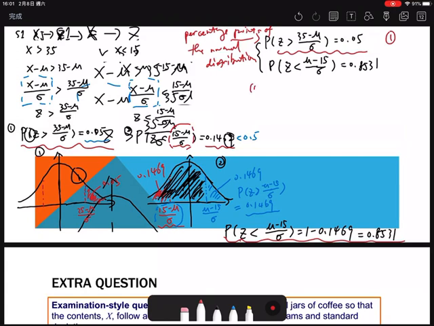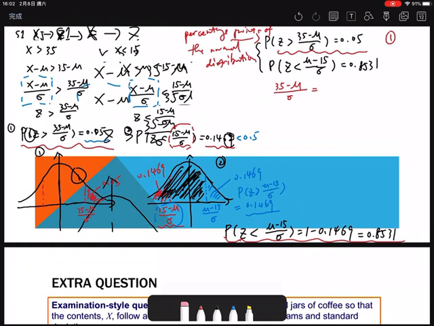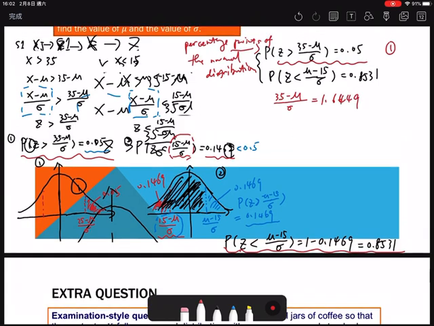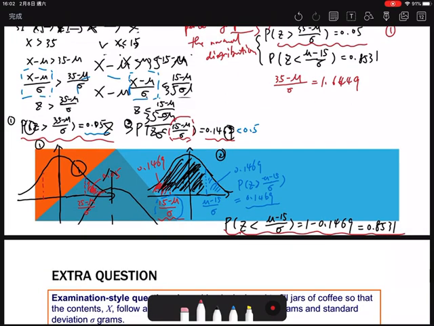So from equation 1, we can get that 35 minus mu over sigma is 1.6449. However, the answer in your textbook is wrong, so pay attention.